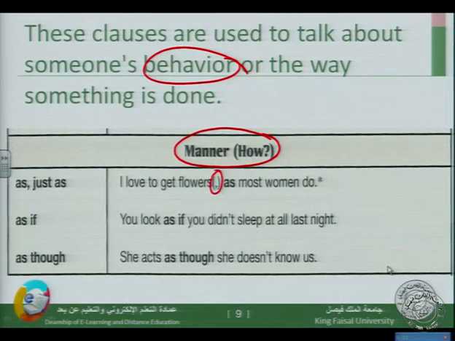You look as if you didn't sleep last night. How do you look? Notice the question now. How do you look? What should the answer be? As if I didn't sleep last night.